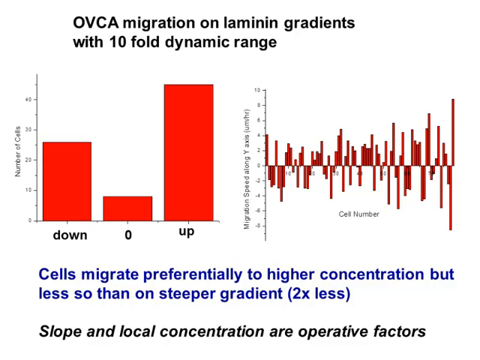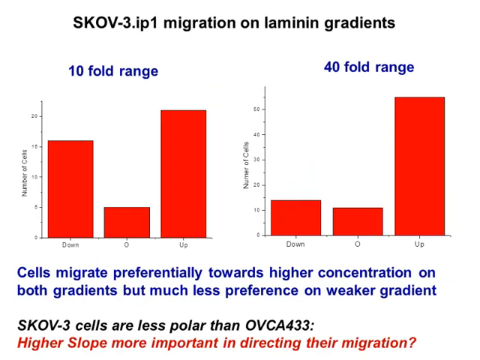We've done other things looking at migration on different series of concentrations. I showed you those constant concentration linear gradients. It turns out that both matter: the local concentration matters and the slope matters. But it also depends on the cells you're looking at. These SKOV cells are nonpolar, whereas those alpha cells are reasonably polar.